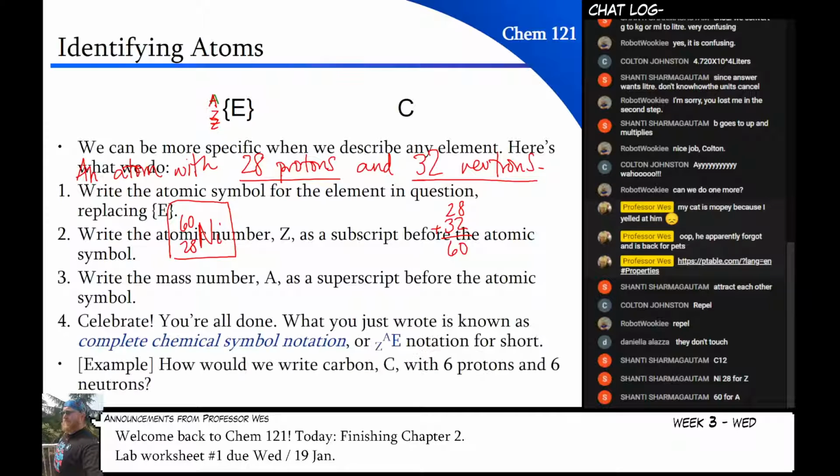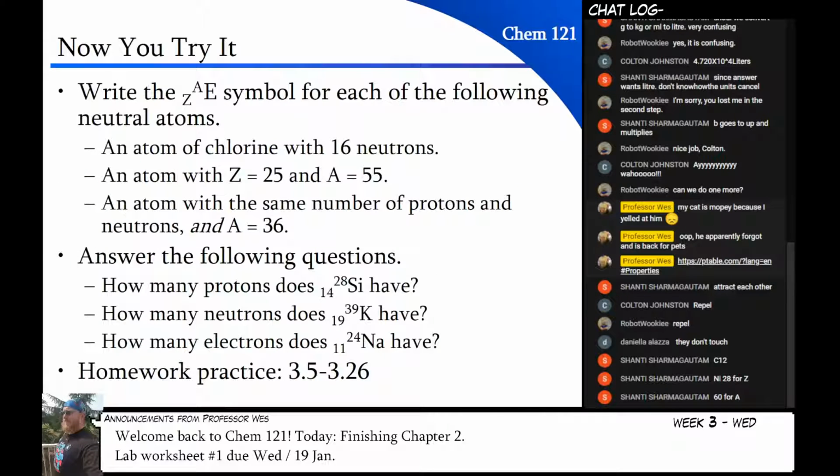All right. So now I want you to do that process for all of these atoms shown on the screen. Down at the bottom, I'm just asking you generic questions about how many of this thing each of these indicated atoms have. So looking at the notation, tell me how much each of those has. Assume that all the atoms are neutral. So write the ZAE symbols.